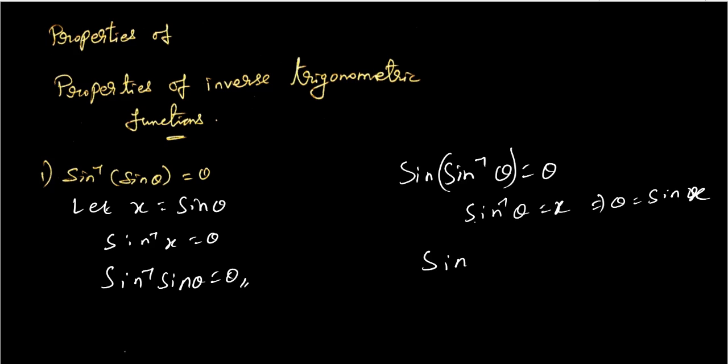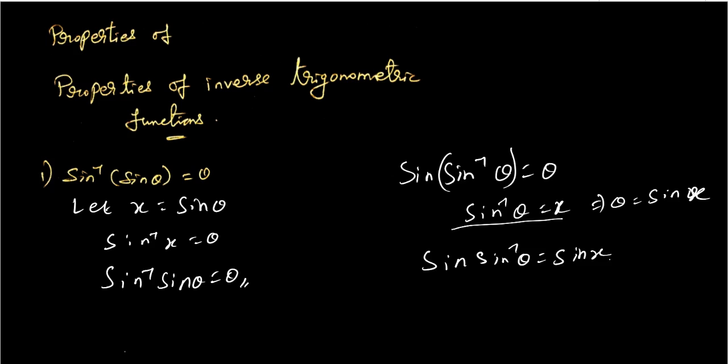So if we take sin on both sides in this given form, sin of sin inverse of theta equal to sin x.